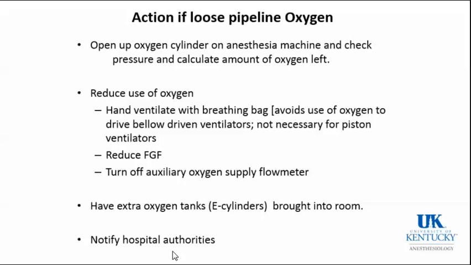And thirdly, turn off the auxiliary oxygen supply. Remember that oxygen supply tube faucet should be turned off, but it might have accidentally been left on. Maybe you had it on when you were pre-oxygenating the patient with nasal oxygen or something and forgot to turn it off. And then, of course, you need to have extra oxygen tanks brought in, and finally notify the authorities about the problem.